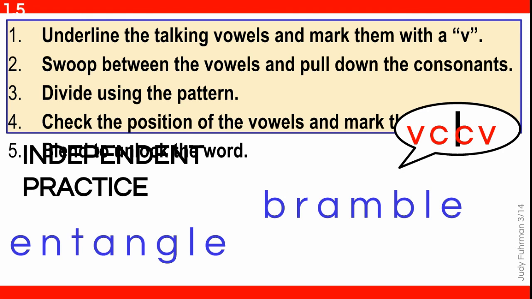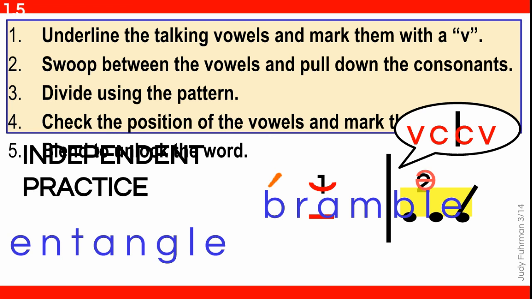Okay, independent practice. You can pause the video if you need time to do steps 1 through 5, and I'm going to show you where that would be split following the rules. In the first one here, it ends with the BLE, so you count back 1, 2, 3, and split it.